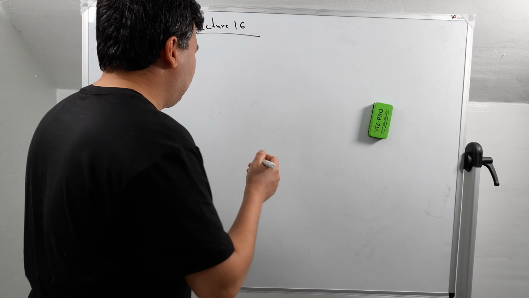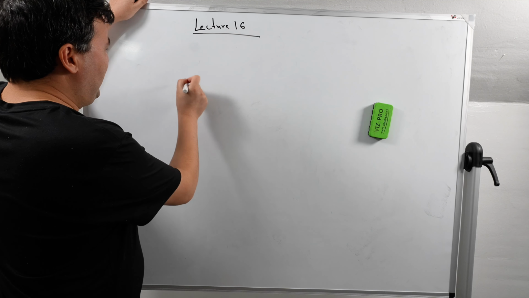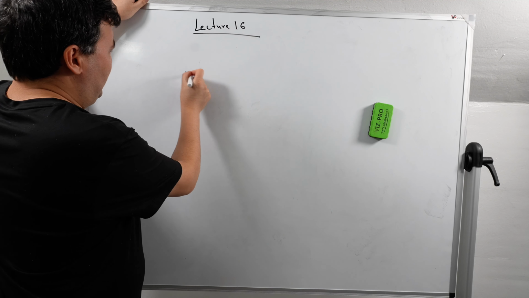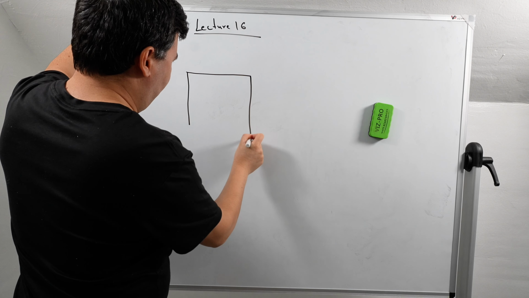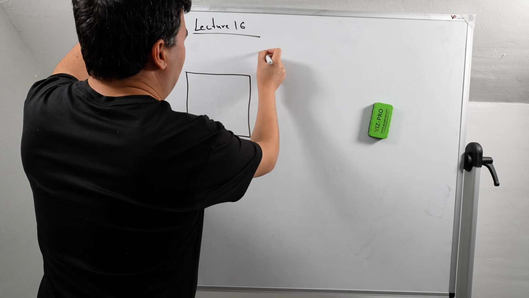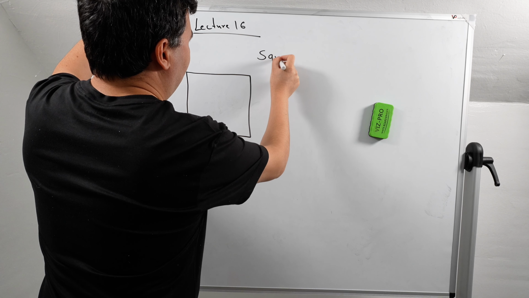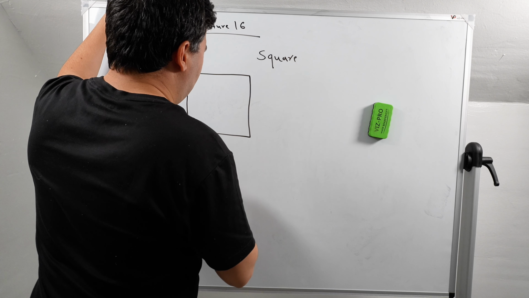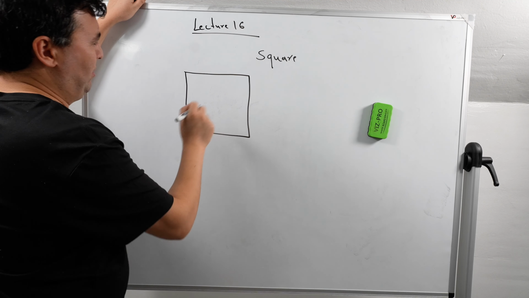In mathematics, we have a shape like this. This shape is called a square. Why a square? Because all the sides are equal.